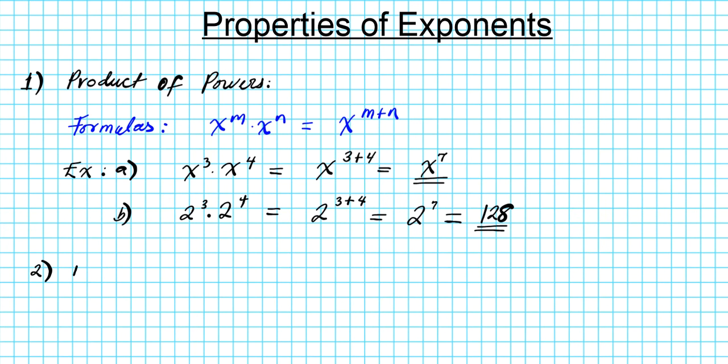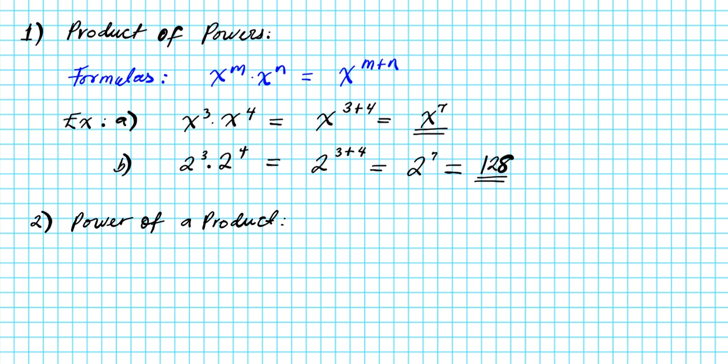Now let's move on to property number 2. This is the power of a product. If you take a look at the name, you can basically guess what the property will look like. In this case, we are raising a product of some factors to a certain power. So the formula is as follows.